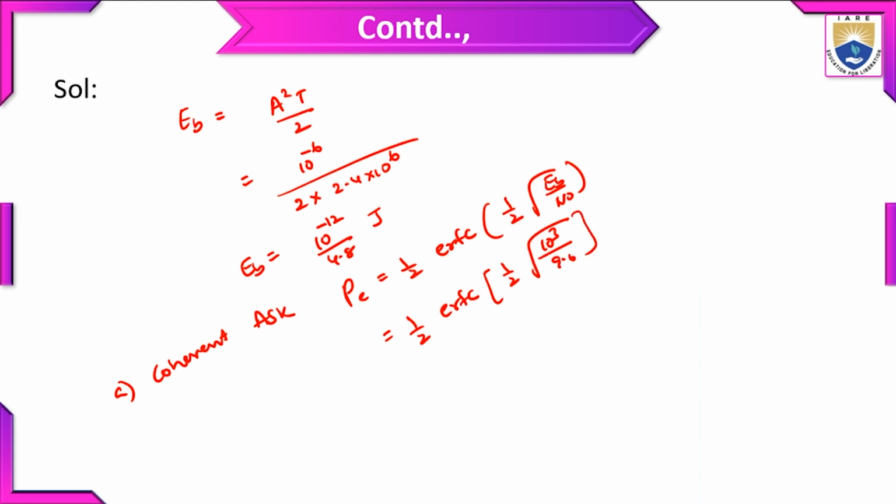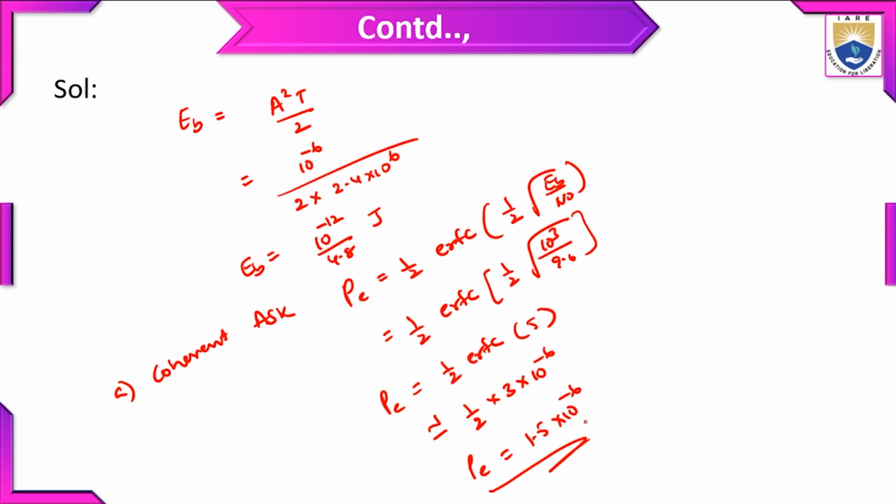Then you get probability of error is equal to 1 by 2 ERFC of 5. Already given ERFC of 5, we can take directly 3 into 10 power minus 6. So substituting the ERFC value directly as 3 into 10 power minus 6, the probability of error is equal to 1.5 into 10 power minus 6. So this is for coherent ASK.